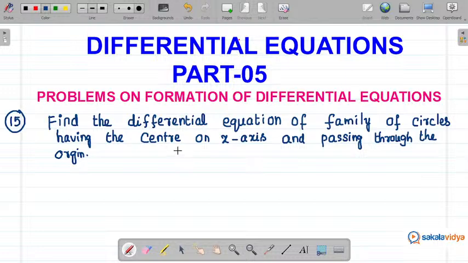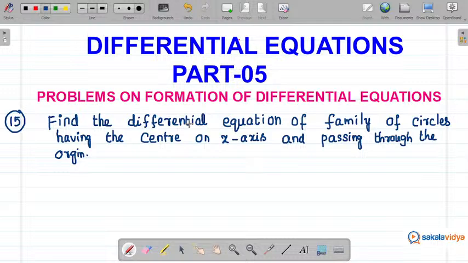First of all, we know that the general equation of the circle is x square plus y square plus 2gx plus 2fy plus c is equal to 0. Now the center is minus g comma minus f. According to the problem, center lies on x-axis. Since the center lies on x-axis, its y coordinate must be 0. So f is equal to 0, and passing through the origin means c becomes 0.